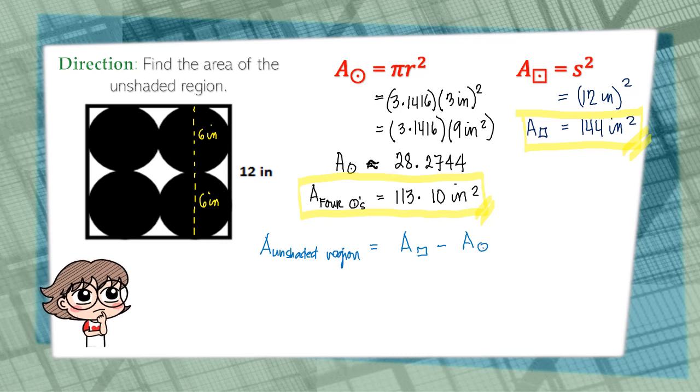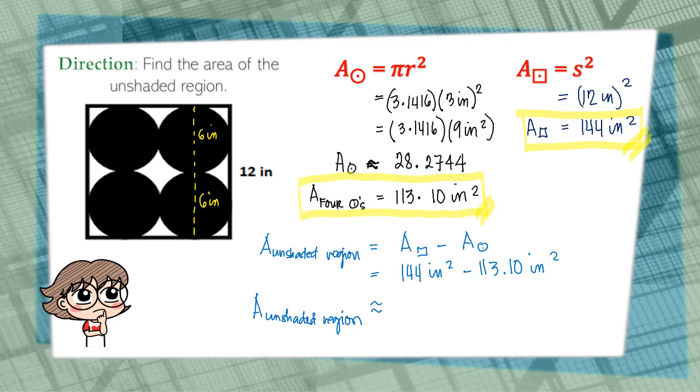Okay, so now our area of square is 144 what? Inches squared minus 113.10 inches squared. So that means the area of the unshaded region is approximately equal to what?